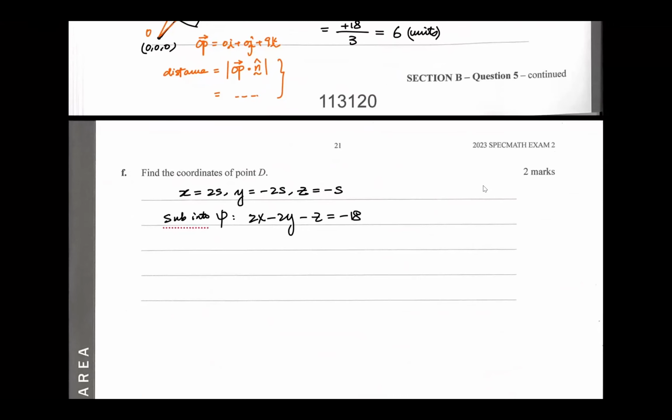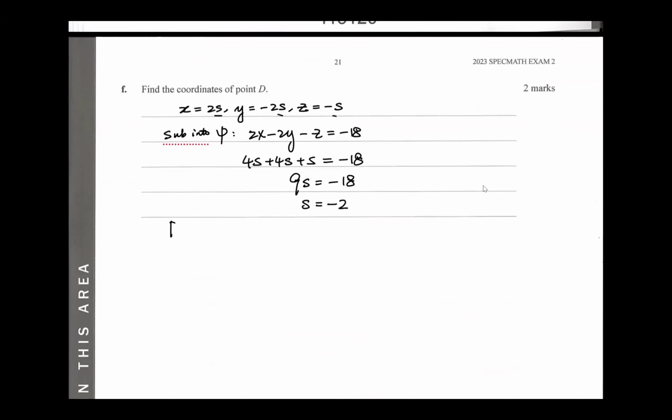Sub everything in, you find a constant s. 4s plus 4s plus s equals minus 18. So 9s equals minus 18, so s is going to be minus 2. Now, coordinates of D, well, you can just chuck in this x, y, z. So minus 4, 4, 2. Okay?